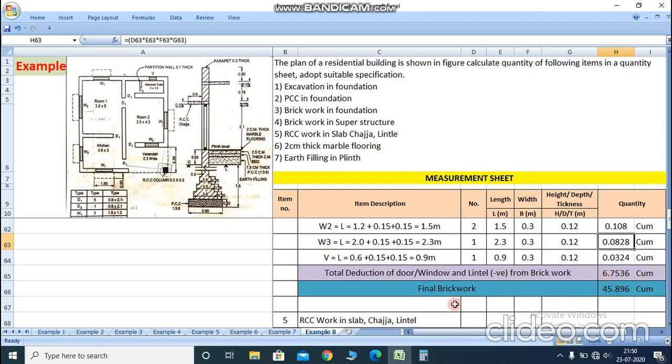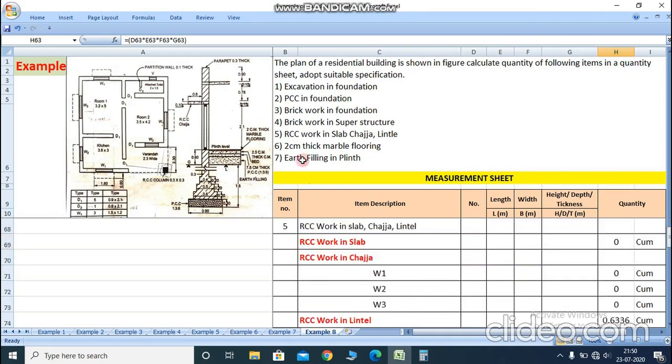Now we calculate the fifth item, RCC work in slab, chhajja and lintel. For RCC work in slab, only a single slab is provided. The length and width are already calculated.